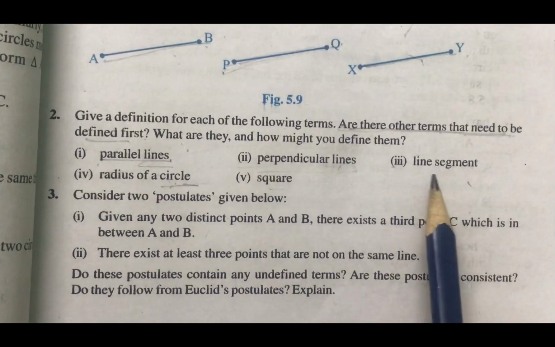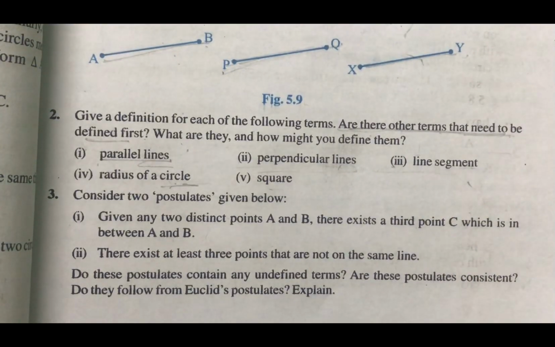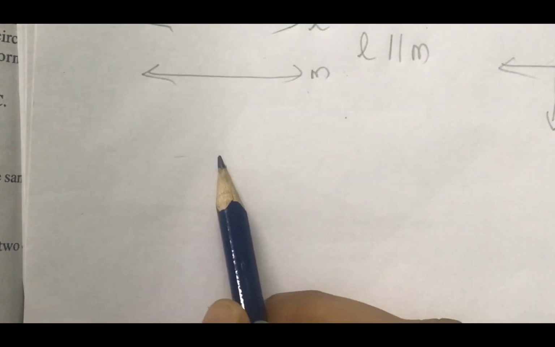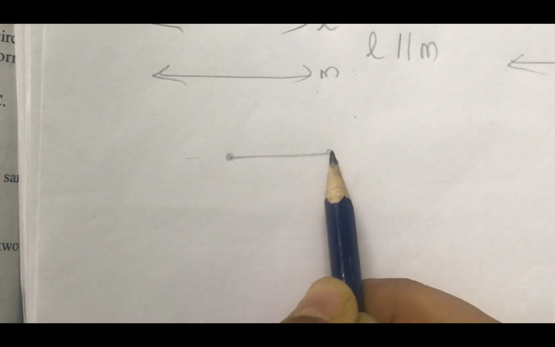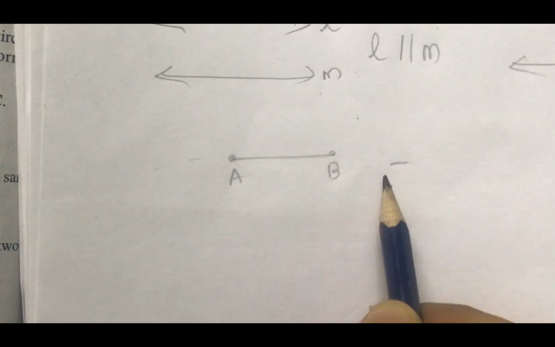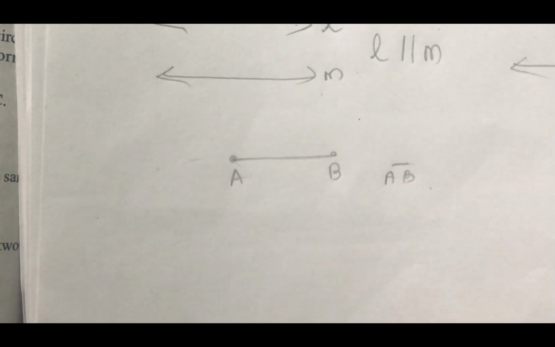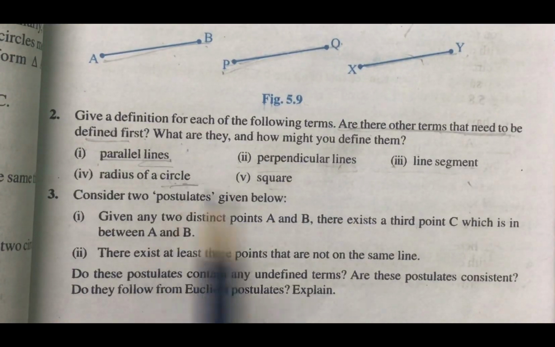How will we define a line segment? So what is a line segment? A line segment is a part of a line which has definite length and endpoints. So here AB is a line segment. So what is the radius of a circle?